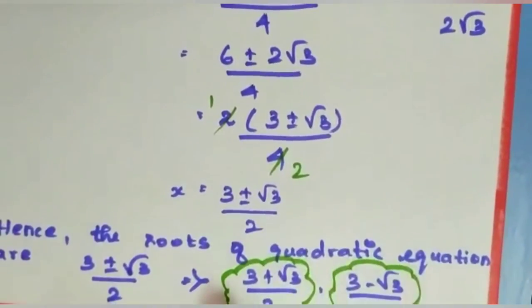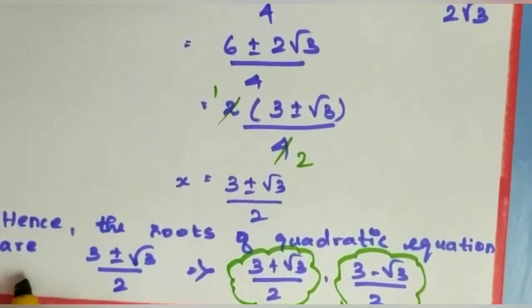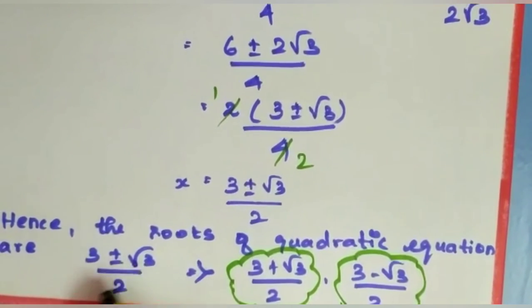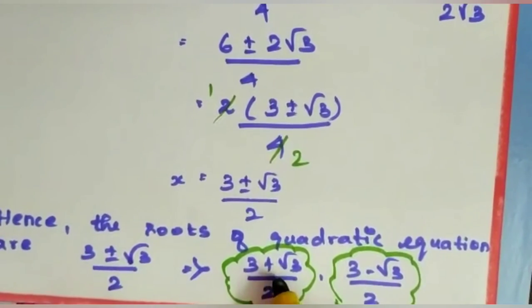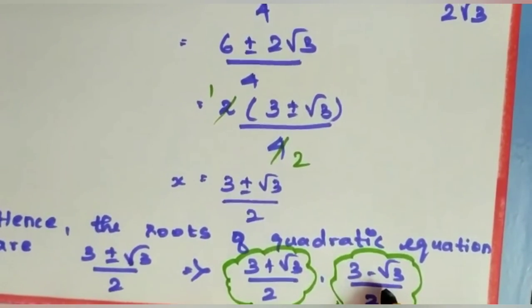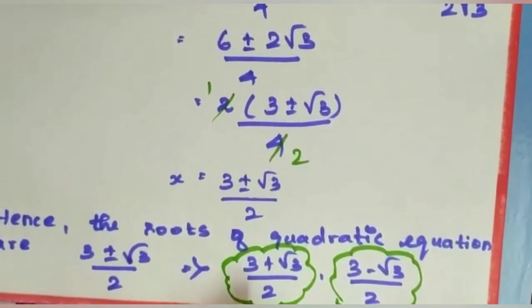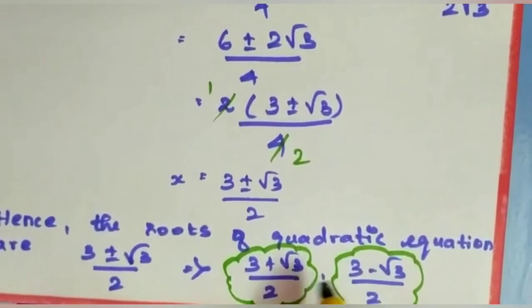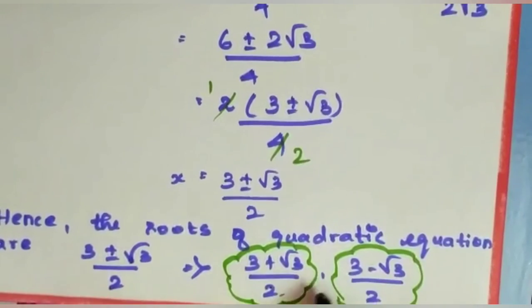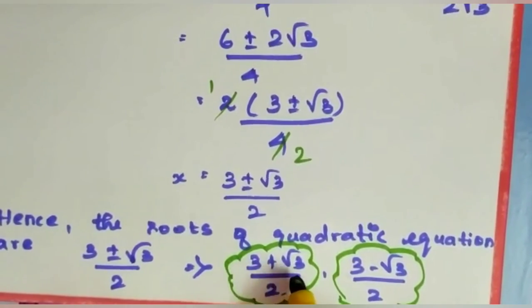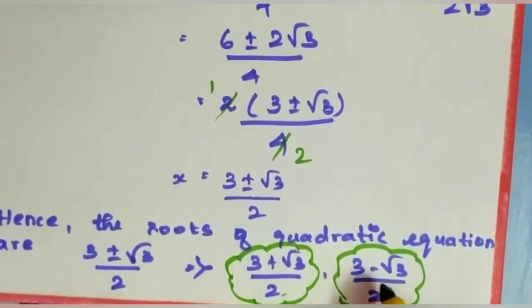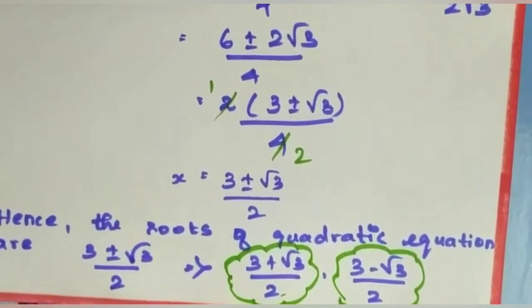Hence the roots of the quadratic equation are 3 plus or minus root 3 divided by 2. That is, one value is positive and another is negative, real and distinct values, both different. 3 plus root 3 divided by 2 and 3 minus root 3 divided by 2.